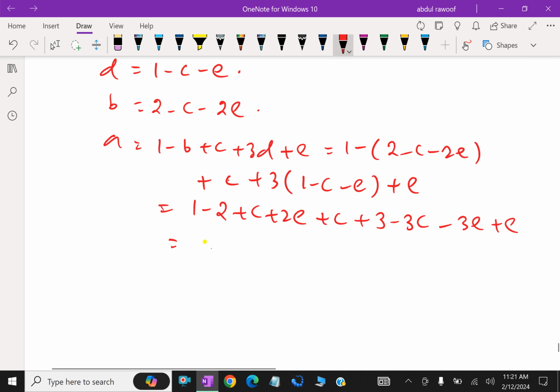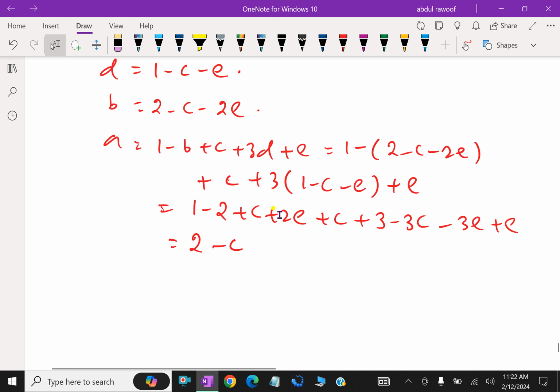Constants: minus 2 plus 3 plus 1 is 2. The c terms: c plus c minus 3c is minus c.